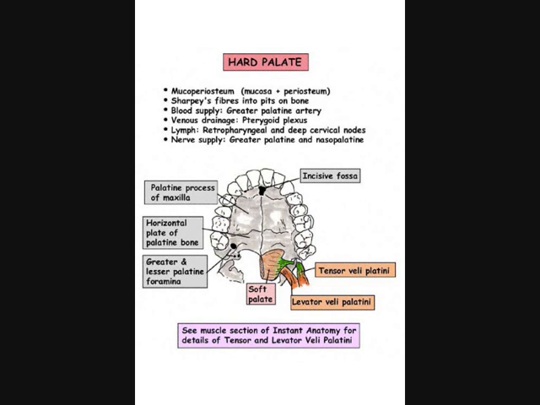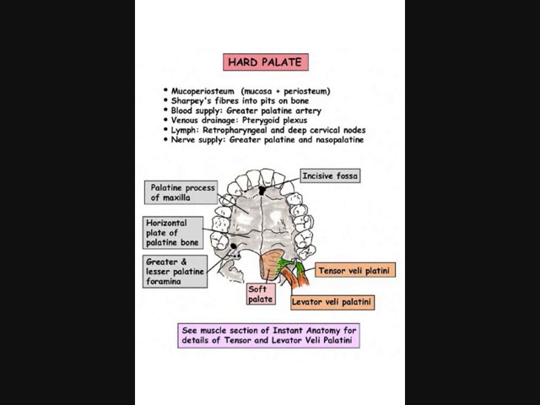If we now look specifically at the hard palate, we can see that there is a mucoperiosteum, which is both mucosa and periosteum, very firmly adherent to the inferior surface of the palatine process of the maxilla and of the palatine bones themselves.